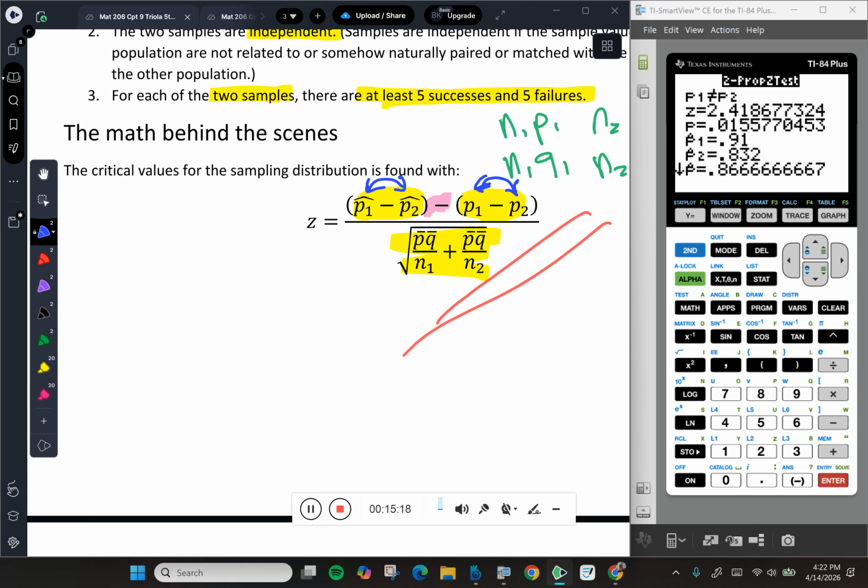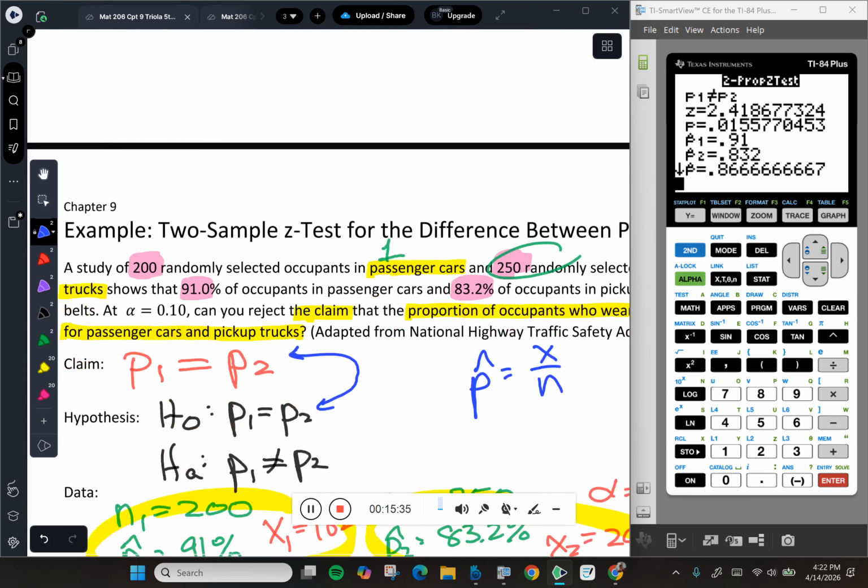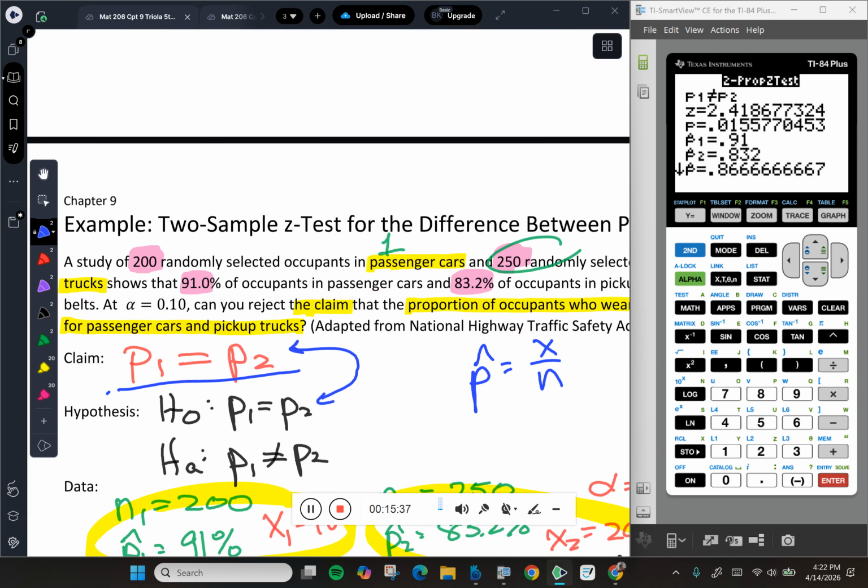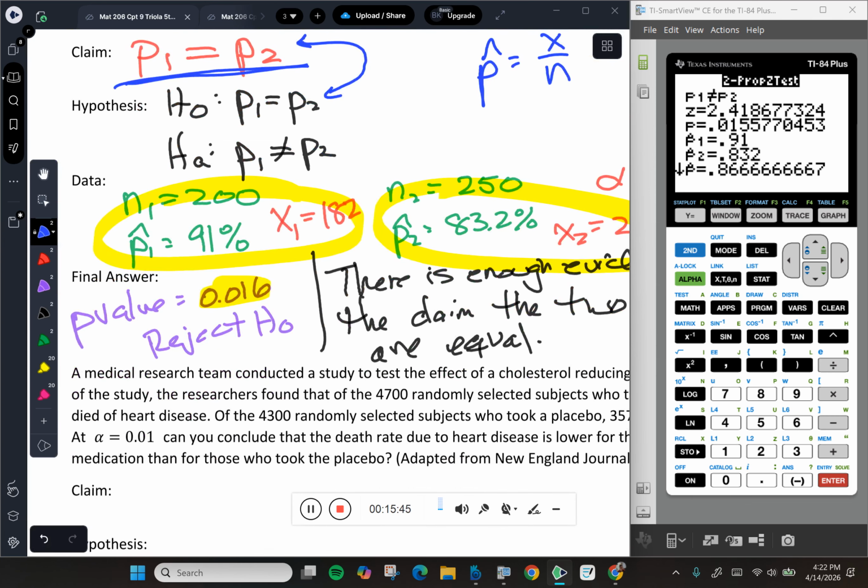Instead of far out there on the right tail, we get far out there on the left tail. Okay. Remember, a z-score of 2.41 means we're 2.4 standard deviations above the mean, a negative, which means we're below the mean. Right? The equals 2 problems are the only ones where that's going to be a thing, because how you define 1 and 2 for everything else is going to affect your hypotheses.